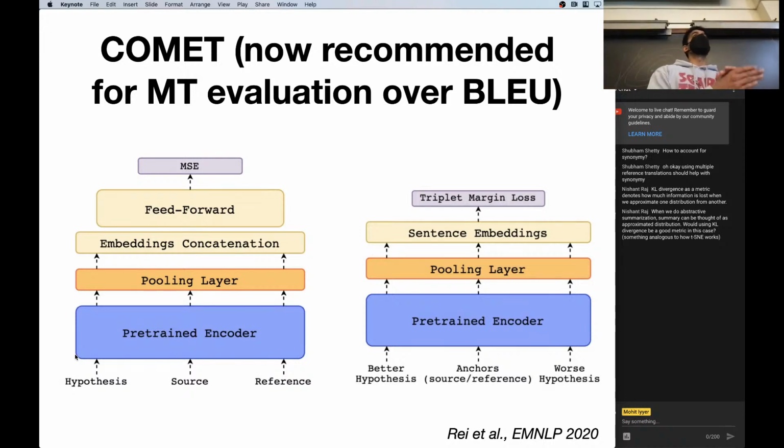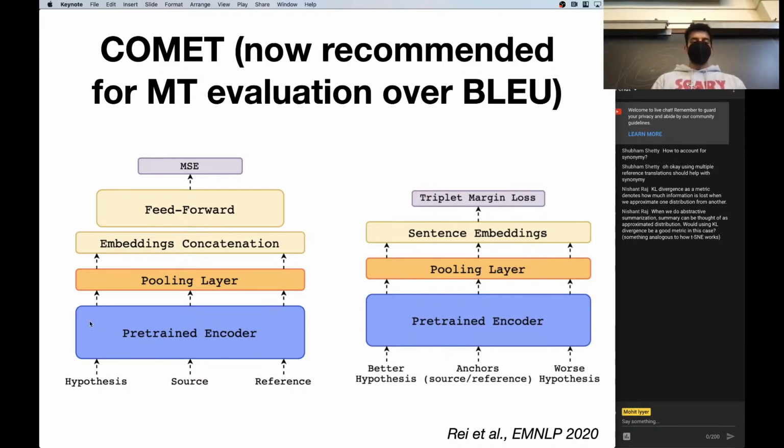So at the end of this, I'll get a token level vector representation for each of the tokens in all three of these sentences. And what they do is apply a simple pooling operation. I think in their case, they just average the vectors together.